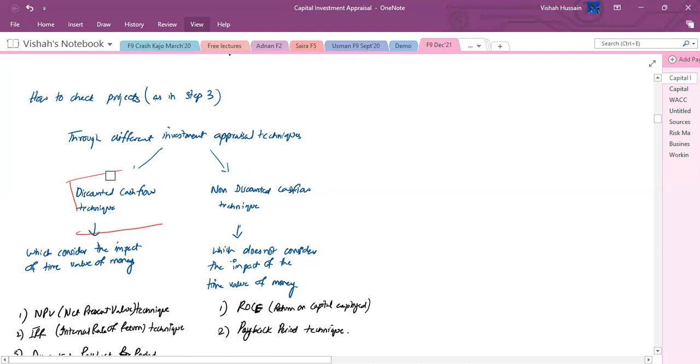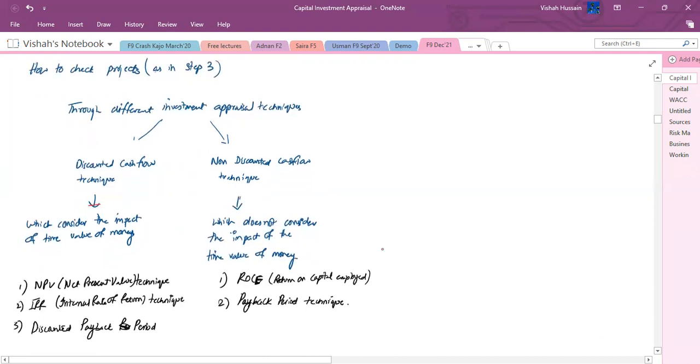Then we have IRR, which is going to be discussed in regard to net present value only. Then we have discounted payback period. And in non-discounted cash flow techniques, we have return on capital employed, that is ROCE. You might have done that in your F7 paper as well as in your F3. Other than that, we are going to discuss the payback period technique.